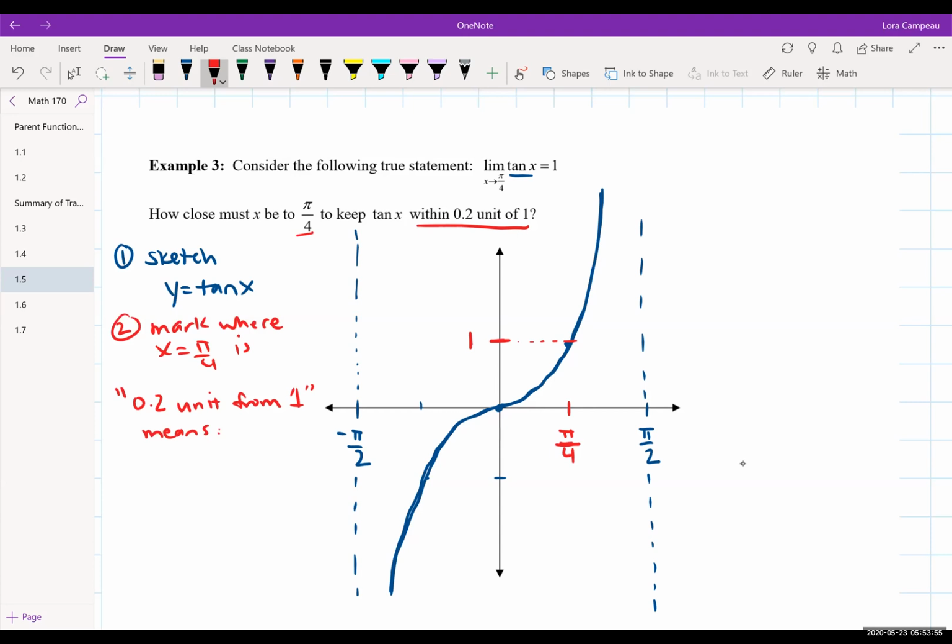We want to get above the 1 and below the 1 on the y-axis. So if we're looking at 0.2 units below 1, and I'm being exaggerative, it does help us see, I'm going to look at the 1, I'm going to subtract off 0.2 units, and that's going to give me 0.8.